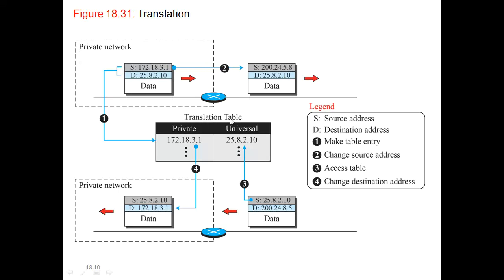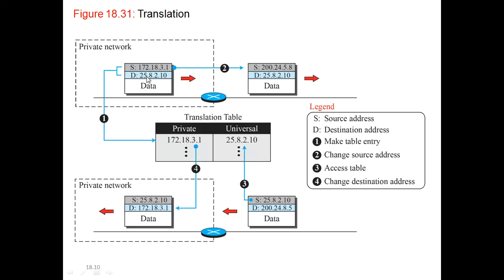There are different networks here. This is a private network, containing one node, and this is the table here also. The source address is 172.18.3.1 and the destination address is 25.8.2.10.